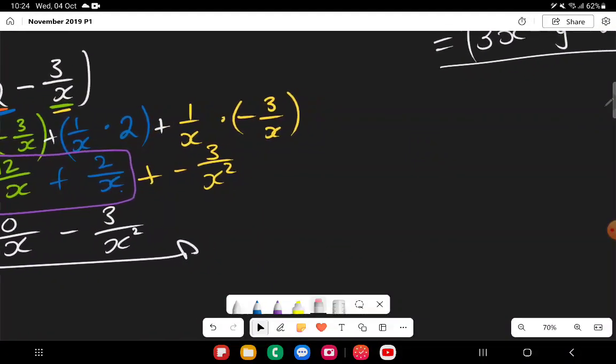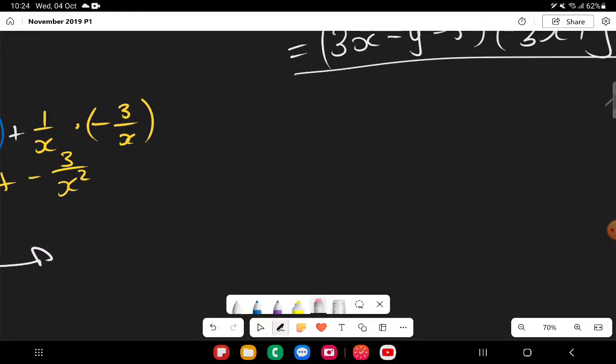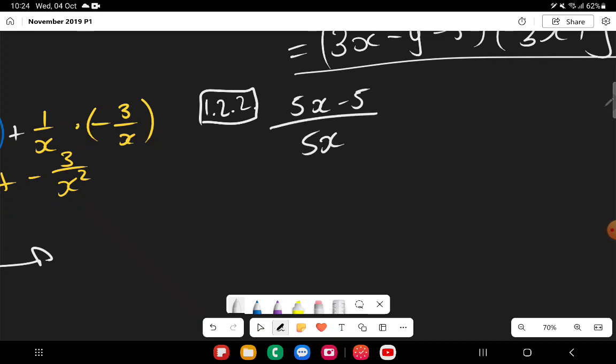We're still simplifying. So 1.1.2 gives us the question 5x minus 5, all of it over 5x. Now, the common mistake is that we would like to cancel like that, and that is absolutely wrong. You are not allowed to do that. So you want to take out the common factor. On the top, they have 5 and 5 in common.